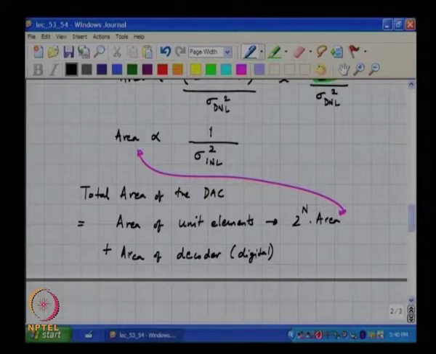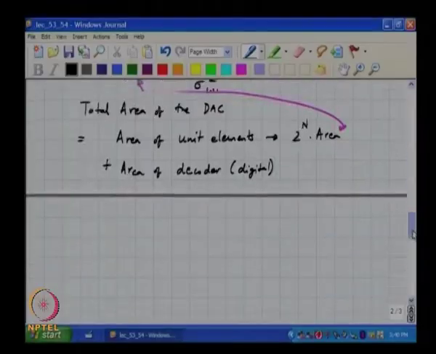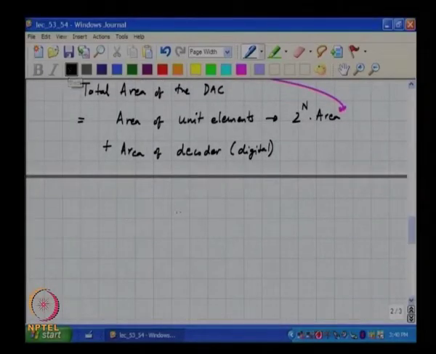So, the area of the DAC can be roughly split up as the sum of the analog areas, if you call these unit elements analog, and the digital area, where the digital area is simply the area of the decoding logic, correct.